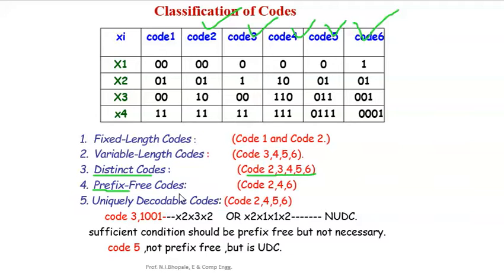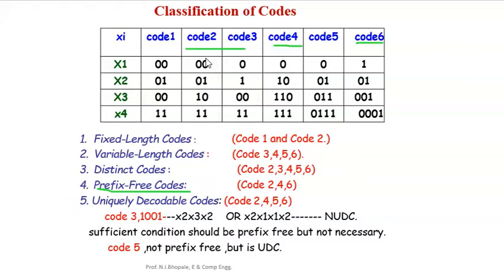Next is the prefix free codes. Only codes 2, 4 and 6 are nothing but the prefix free codes. Let me just underline this: code 2, 4 and 6. So for a prefix free code, just try to understand the concept here.